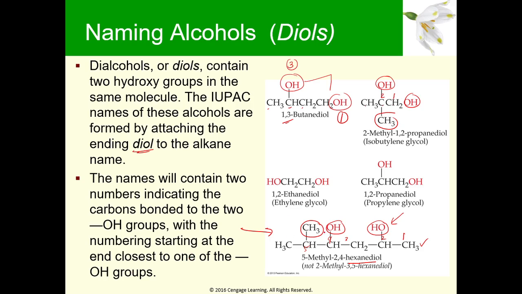So kung ito yung kinonsider natin, if this is the end, ito ay number 3. Pero ito kasi, pag ito yung kinonsider natin, yung OH group can be found at carbon number 2. So, i-accept natin yung mas mababang OH placement which is on carbon number 2.